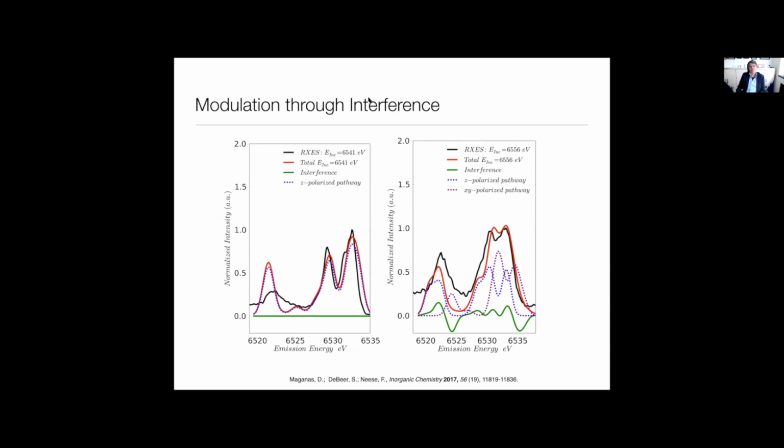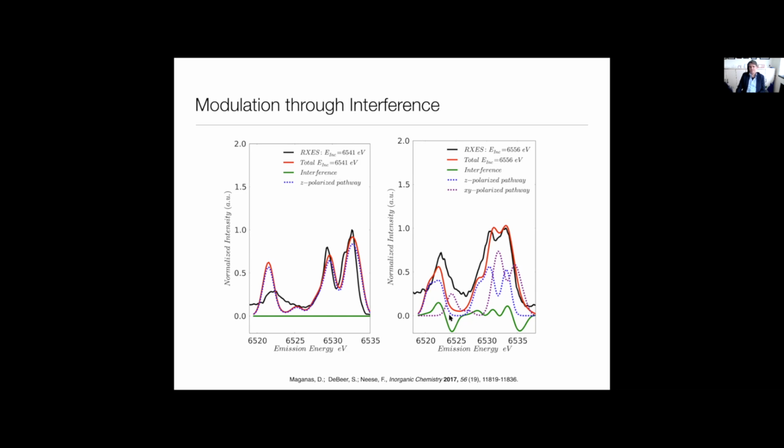And then, of course, you can also modulate that through interference terms. And so you can actually compare the Z-polarized pathway, which is in blue here, to the calculated resonant X-ray emission spectrum, to the total spectrum, and then the interference terms. And that, of course, depends on the emission energy.